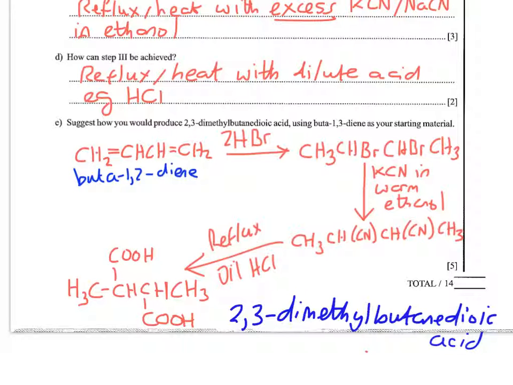So let's have a quick look at where the marks will come in here. So 3 marks for each correct condition, and the remaining 2 marks for the correct products that you get along the way during the course of your synthesis. So hopefully this has been a fairly useful clip in showing you how we can add carbon-carbon bonds to both aromatic rings and to alkyl chains that exist already using the nitrile functional group.